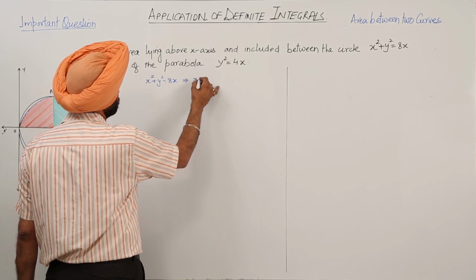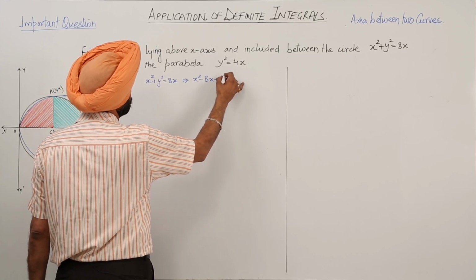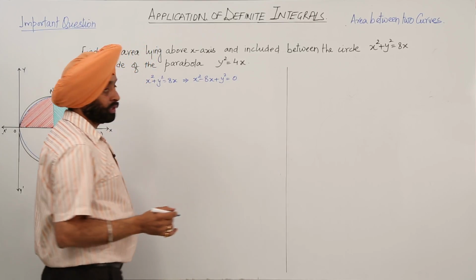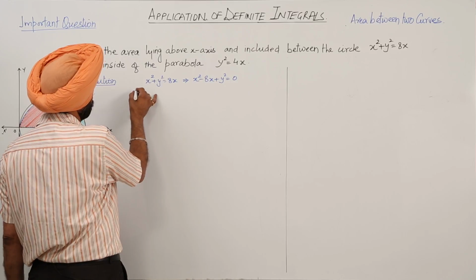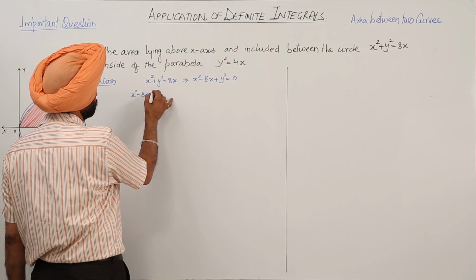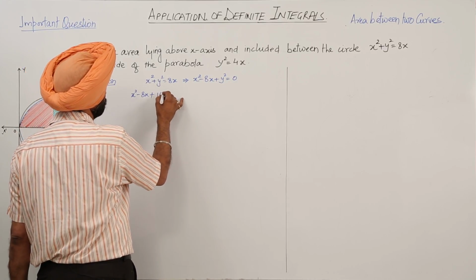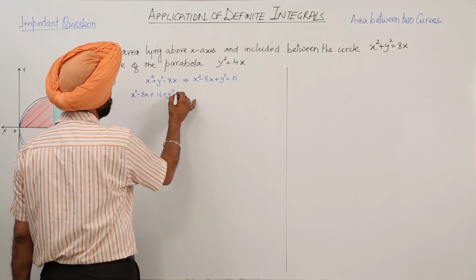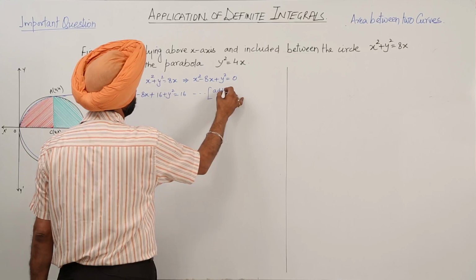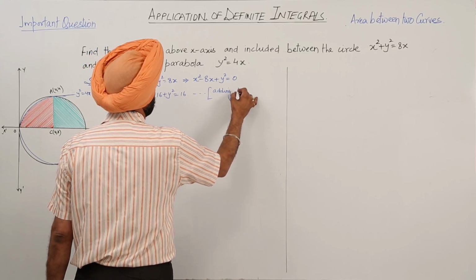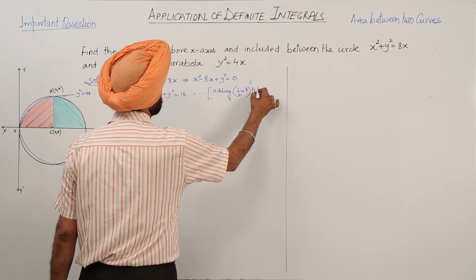Now this implies x square minus 8x plus y square is equal to 0. Now making this a perfect square, what are we getting? x square minus 8x plus 16, adding half into 8 whole square to both sides, plus y square is equal to 16.